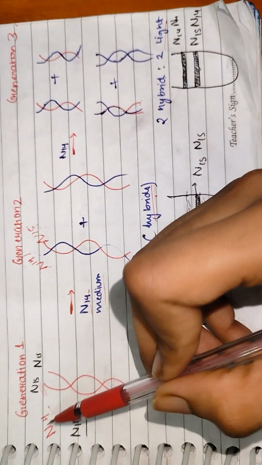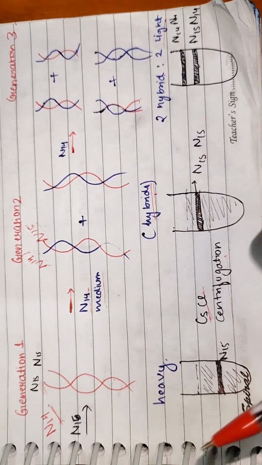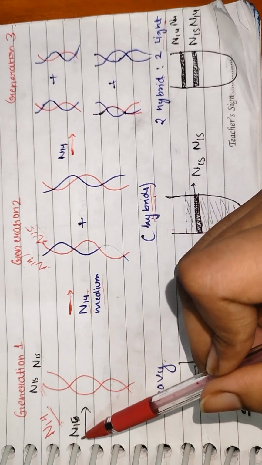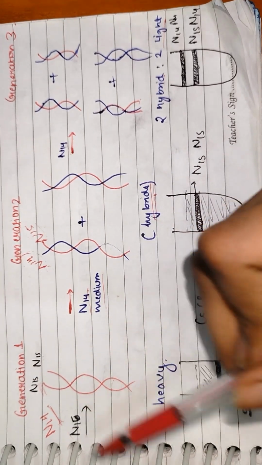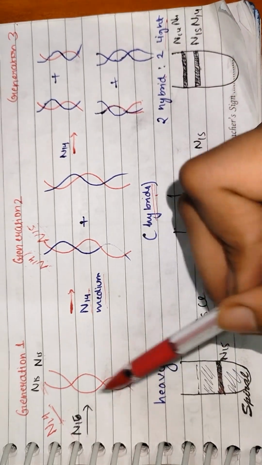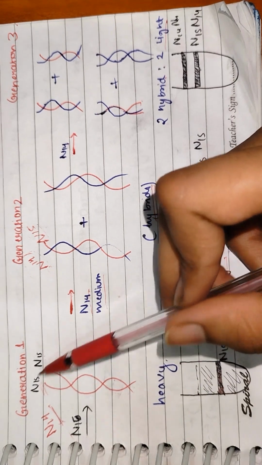Normal DNA has N14 nitrogen, but Meselson and Stahl took E. coli and grew it in N15 medium for several generations, due to which the DNA in the E. coli gets labeled with the heavy isotope. It means the DNA becomes N15.